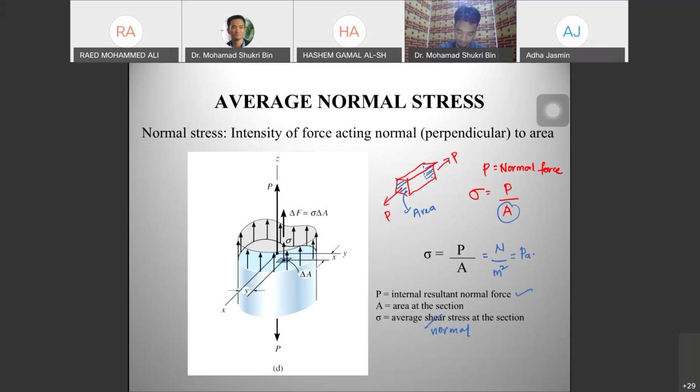If the question gives you mm units, we can also write it as Newton over mm squared. This is equivalent to megapascal, right? You can prove it by yourself.